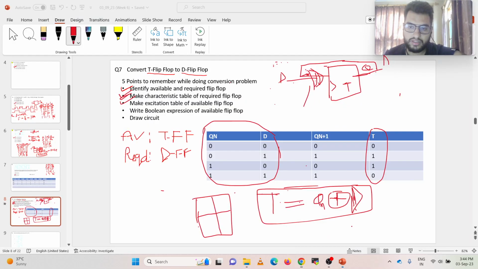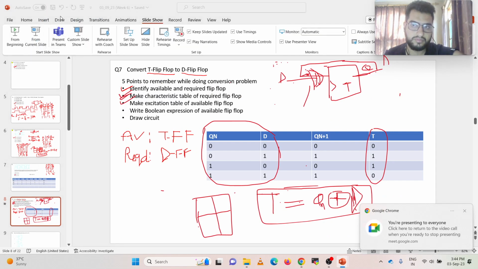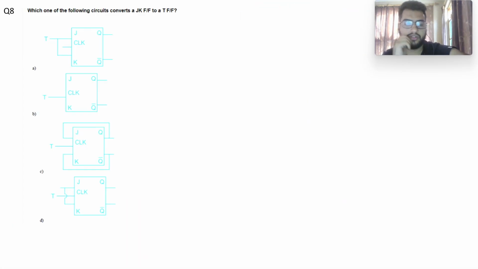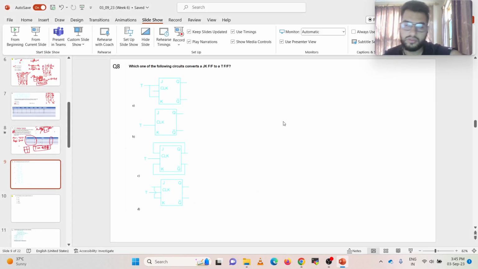Now based on this, we have another question, which is: which of the following circuits converts a JK flip-flop to a T flip-flop? So again we have a conversion problem. So here we have a JK flip-flop and we need to convert it to a T flip-flop.